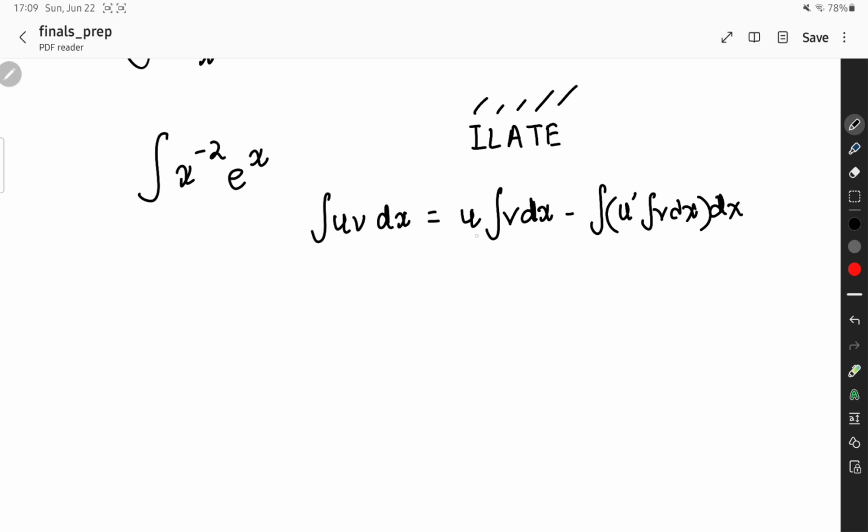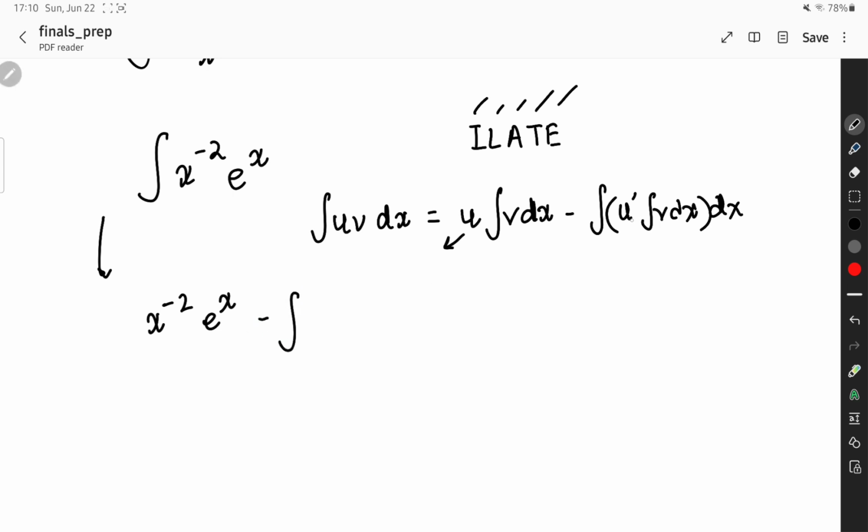So what happens is, when both the functions are multiplied, we can expand that multiplication as such, by keeping x to the minus 2 as the first function, and e to the x would come next, because it's left alone. The good thing about e to the power x is that if you take its integral, it comes back as it is, so it doesn't change under integration.